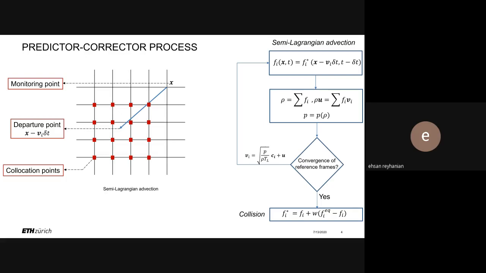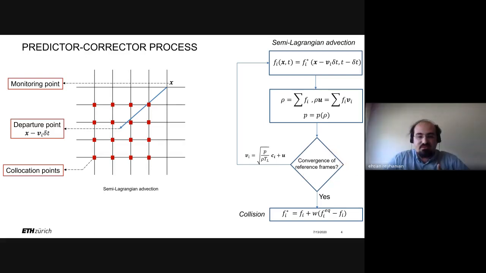Now, once the semi-Lagrangian advection is completed, the density and velocity fields, as well as the pressure field, are computed, and then the same process will repeat with the newly imposed reference frames. And this iteration will continue until convergence of the reference frame is reached. And after that, finally, the collision step will follow with the exact equilibrium function.